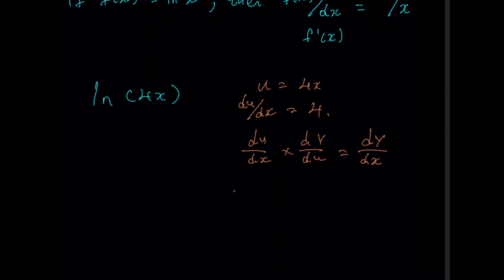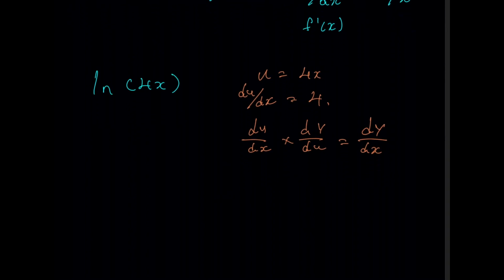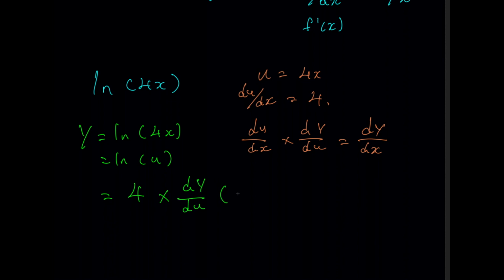If we define y as ln of 4x and make a substitution, it's just ln of u. du dx is 4, so we have 4 times dy du of ln u. What is ln of u differentiated in terms of u?